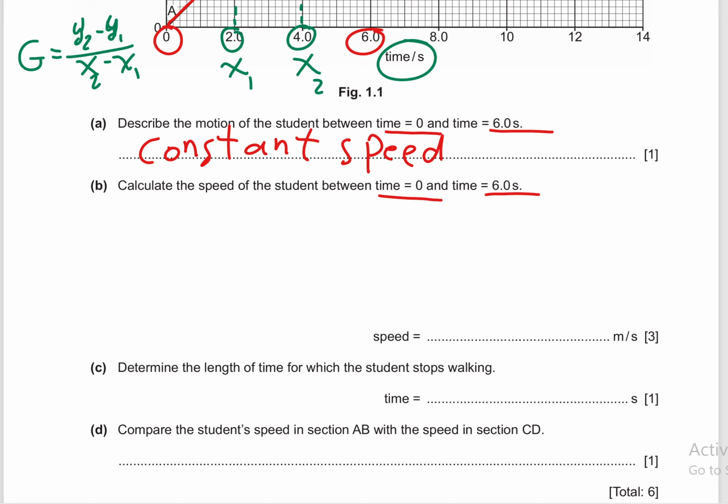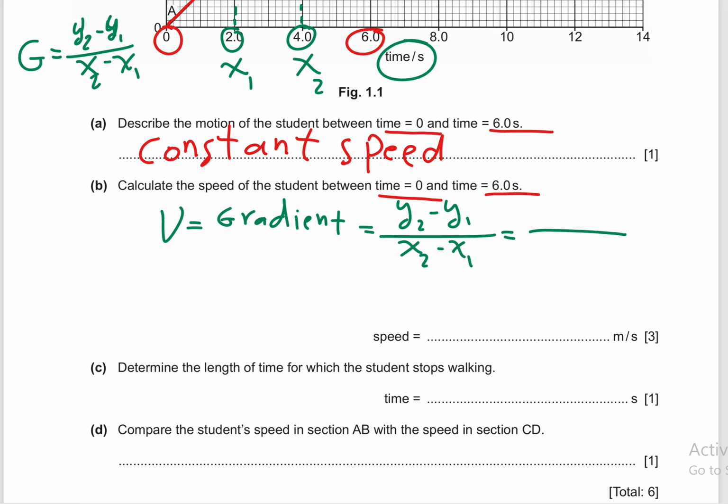So I substitute. I will write here, speed is actually the gradient, and I'll put the formula y2 minus y1 over x2 minus x1, which is going to be: y2 is 8, y1 is 4, x2 is 4, x1 is 2.